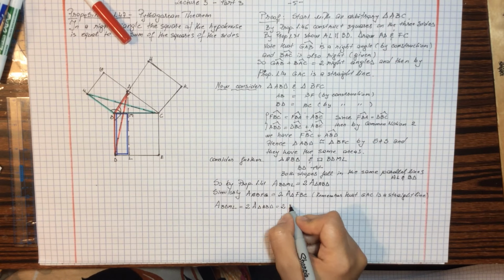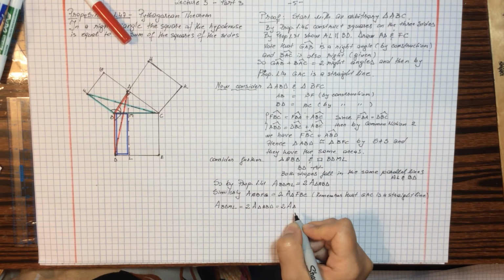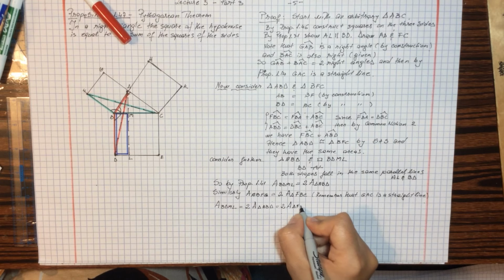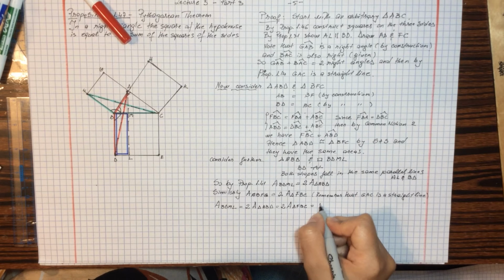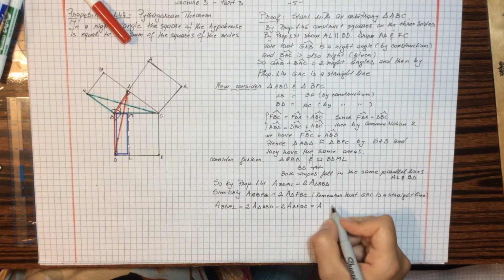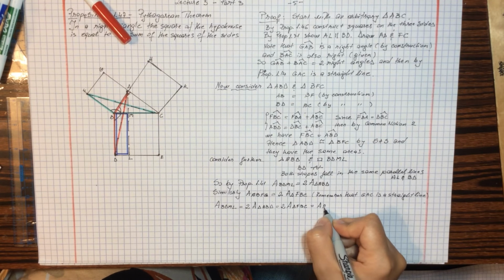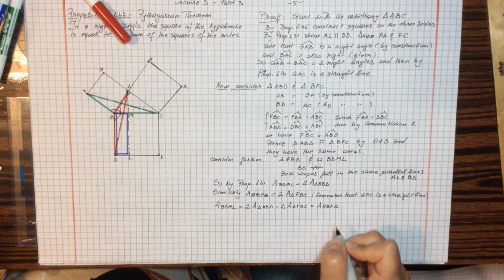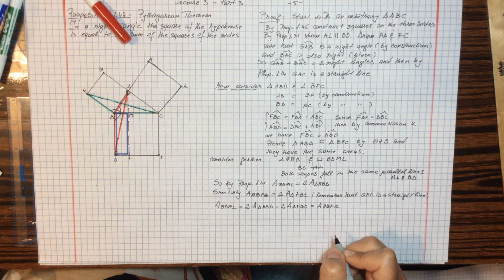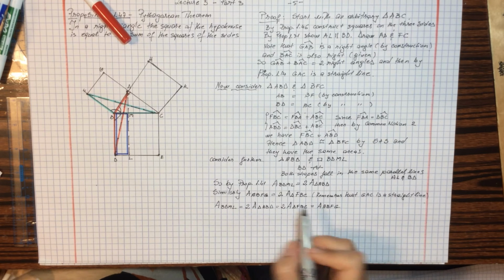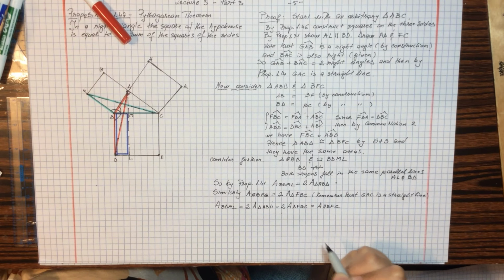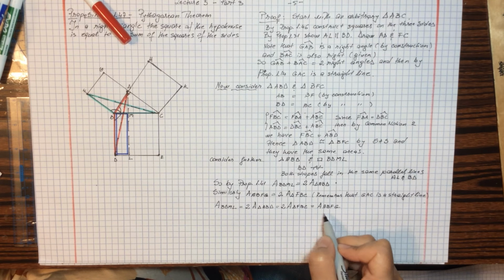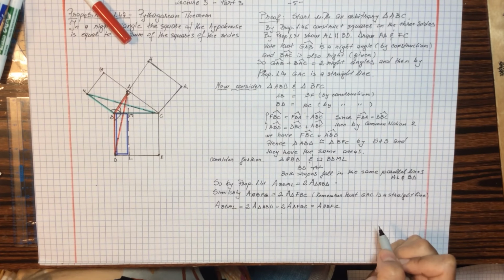That would be equal to 2 times the area of triangle FBC. Why? Because that is equal to area of ABFG. So this is true from here, and this is true from the other one.